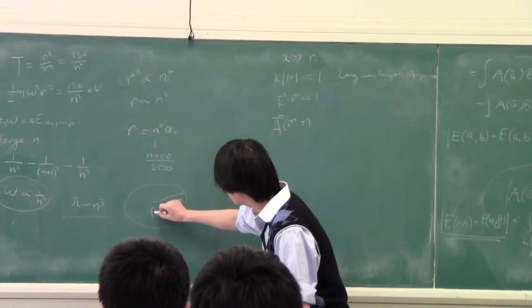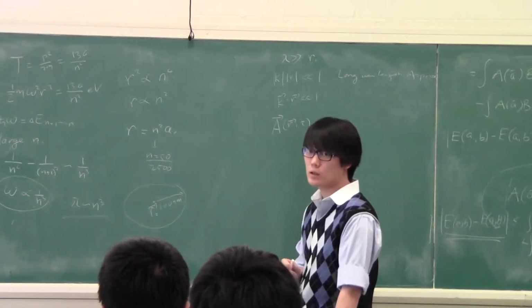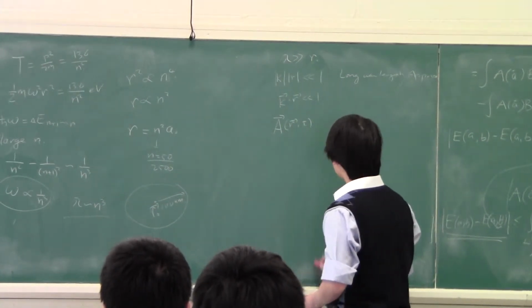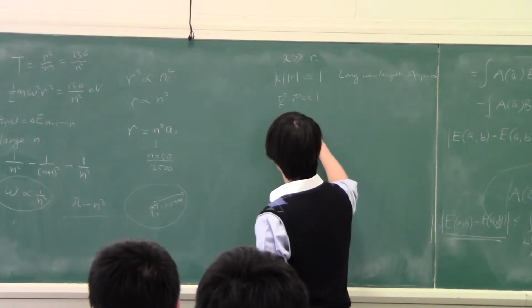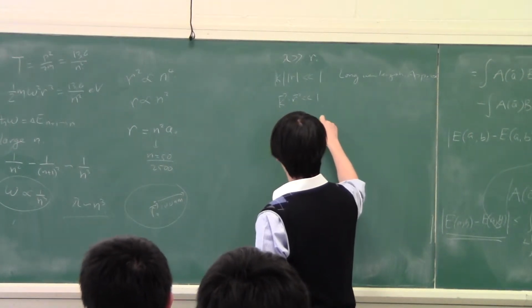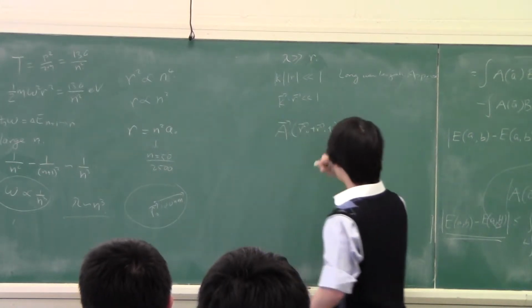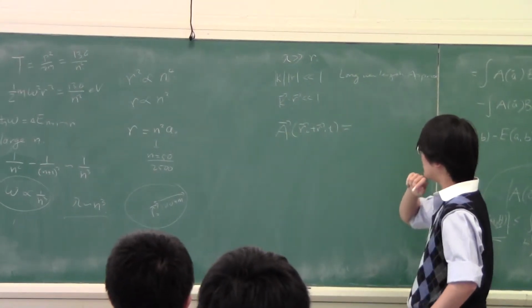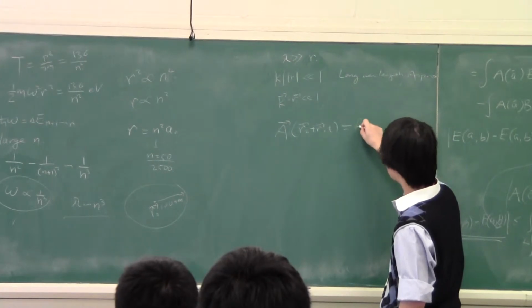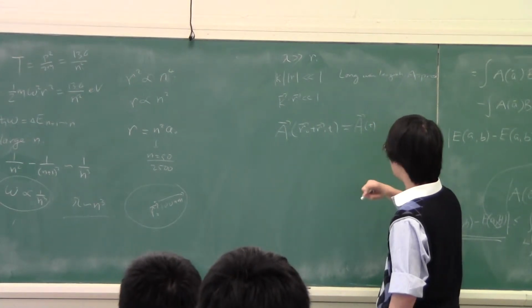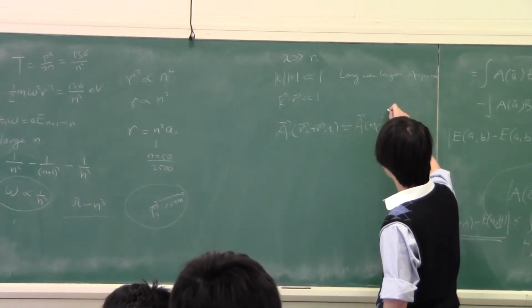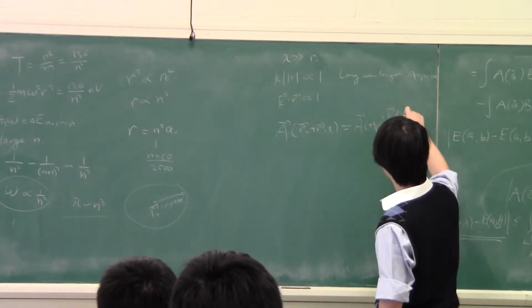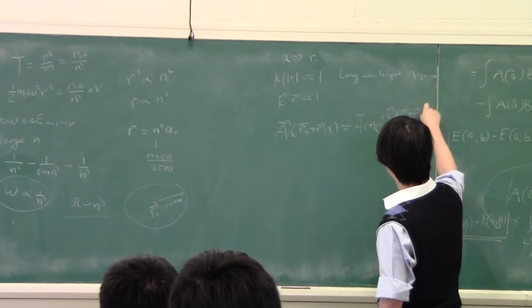Let's say that the nucleus was located at R naught. So I'm going to reference everything to R naught plus R. And this is some kind of a plane wave, which has a temporal part, and the spatial part is simply e to the i K dot (R naught plus R).